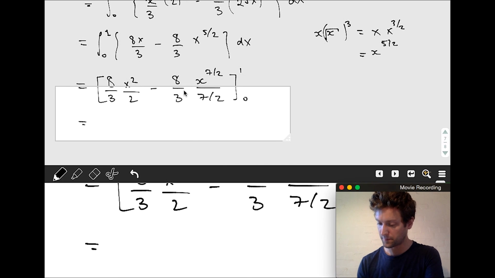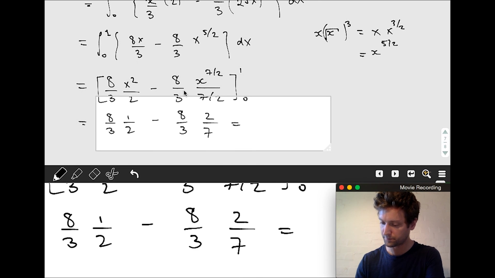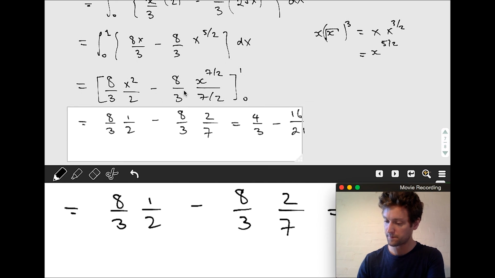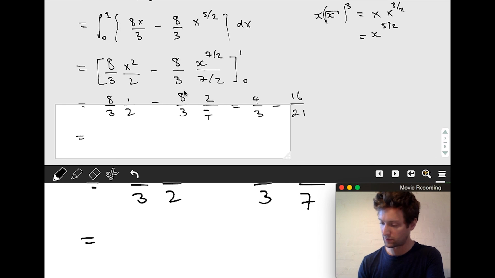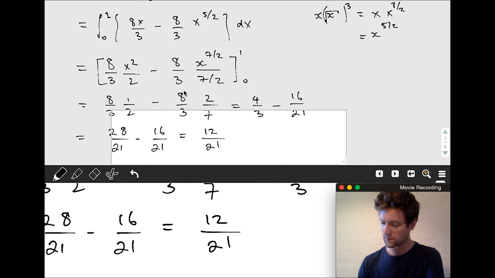So that's equal to 8 over 3 times 1/2 minus 8 over 3 times 2 over 7, which will become 4 over 3 minus 16 over 21, which is equal to 28 over 21 minus 16 over 21, which is equal to 12 over 21. And if I divide out a factor of 3 on top and bottom, I'll get 4 over 7.